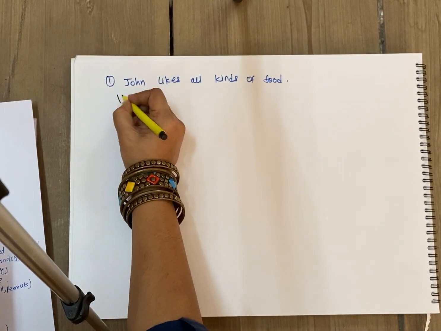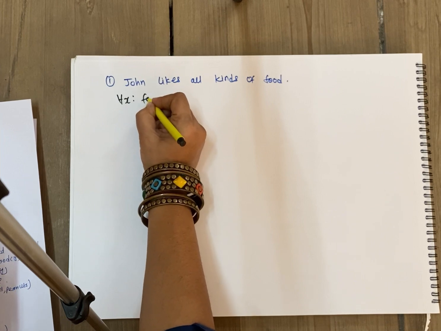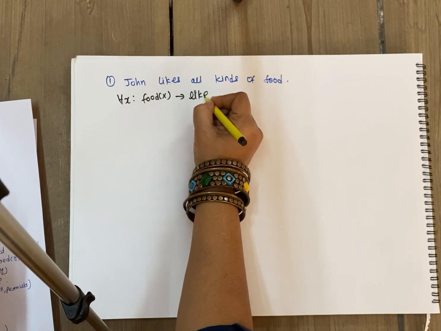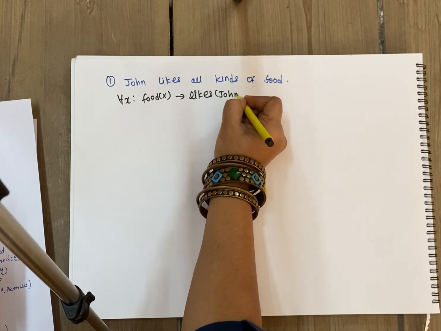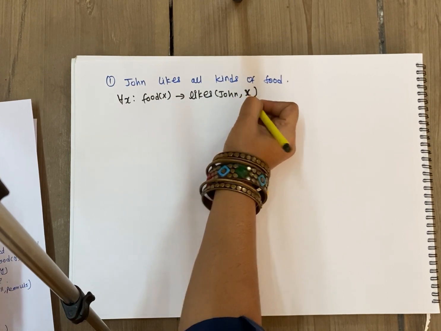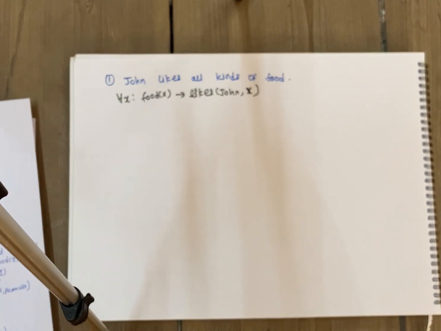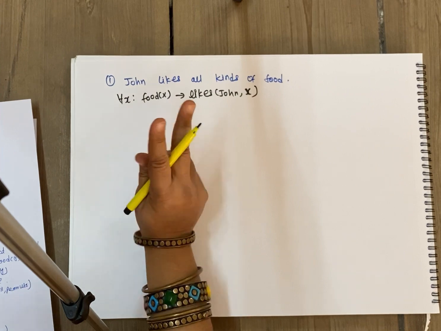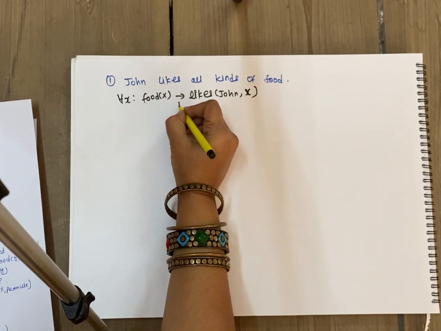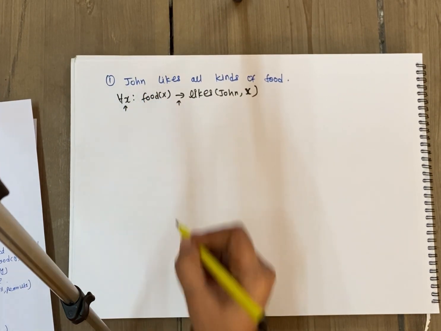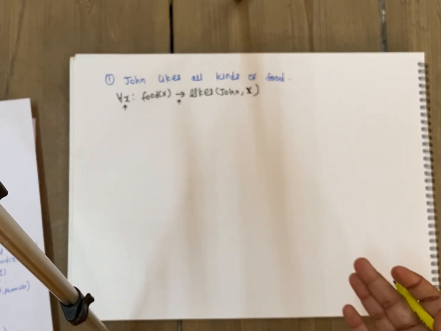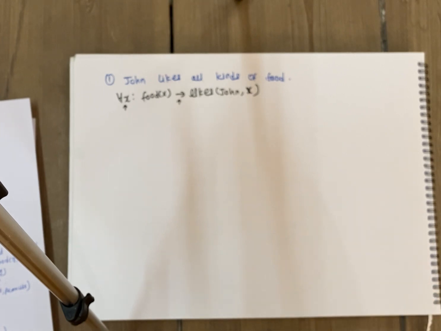All kinds of food means for all x, if x is food, then it implies likes(John, x). So this is what we have written as the predicate over here. Now we have to convert this to CNF form. There are 2 things that we have to do. First of all, implication needs to be eliminated, and then the quantifier needs to be eliminated. These are the only steps most of the time you are going to apply to all the predicates. All the other steps we discussed in the algorithm may not apply.